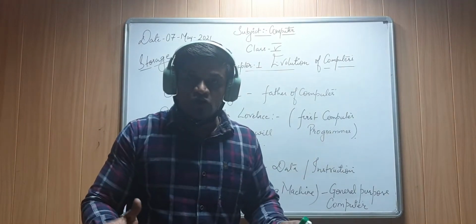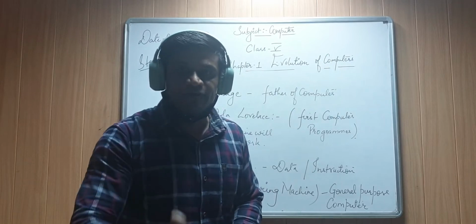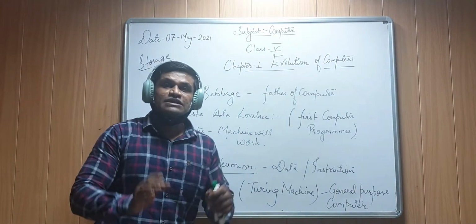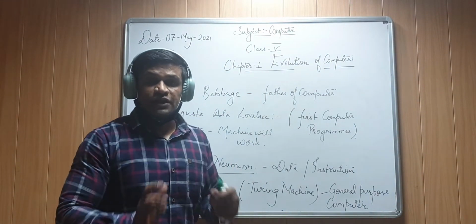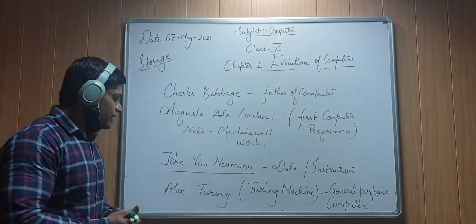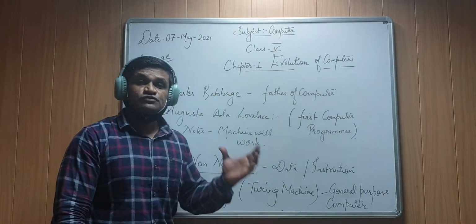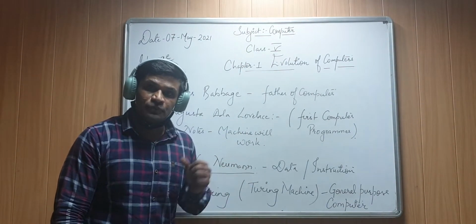All your requirements can be done by the same computer. That kind of computer is known as general purpose. General means available for common people. So Alan Turing developed the Turing machine, the first general purpose computer.